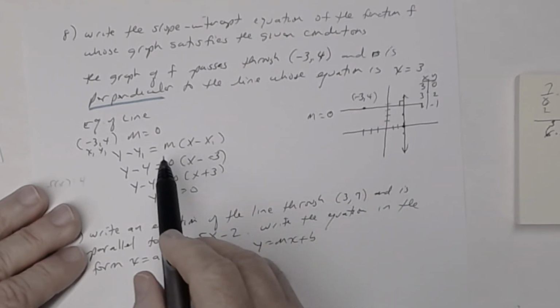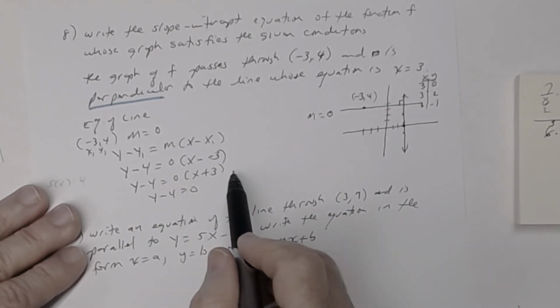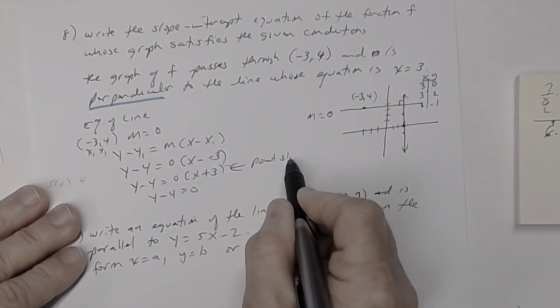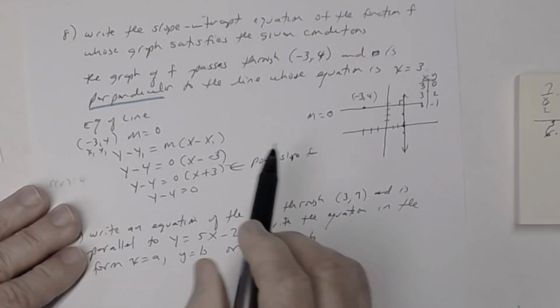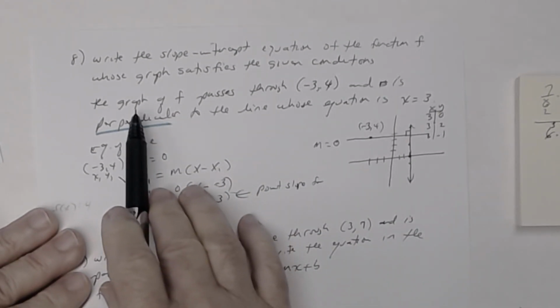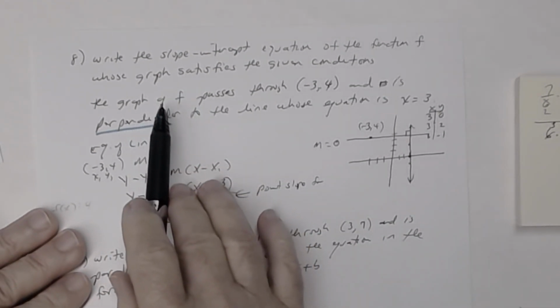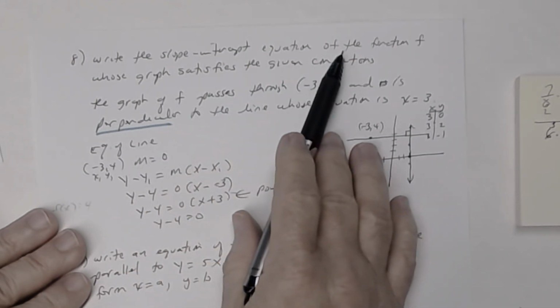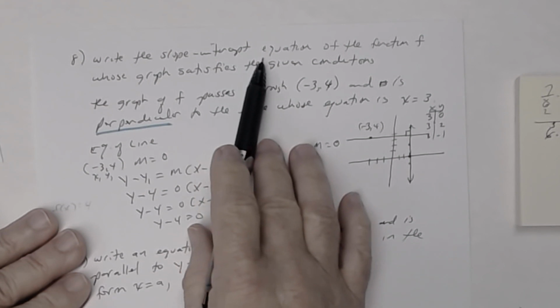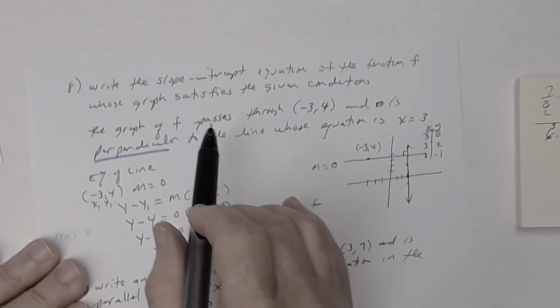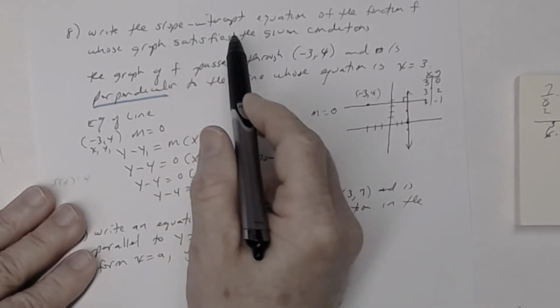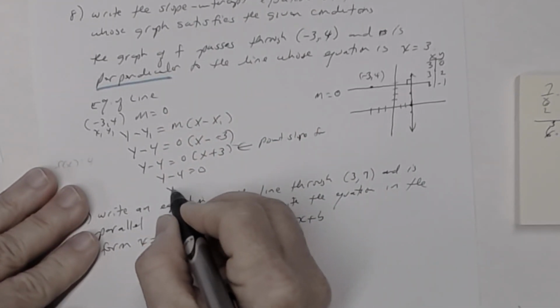Now, this is point-slope form. It says to write the slope-intercept equation of the function, meaning you want to get y by itself. So I get y equals 4.